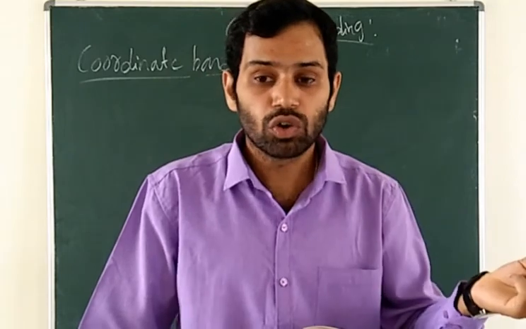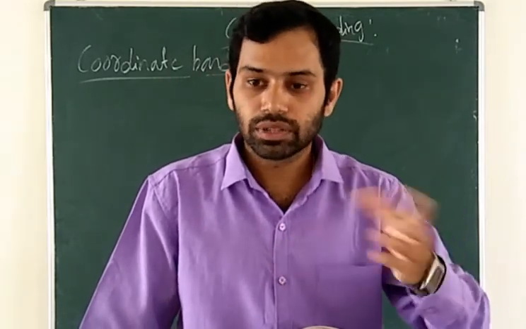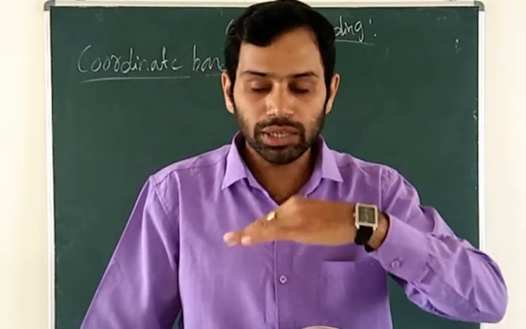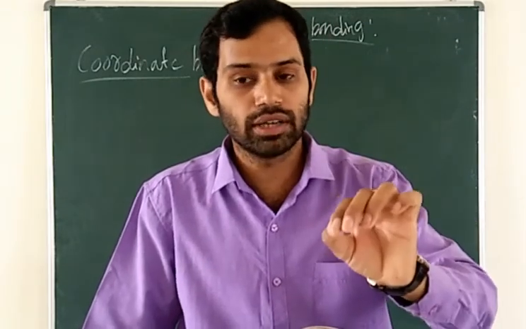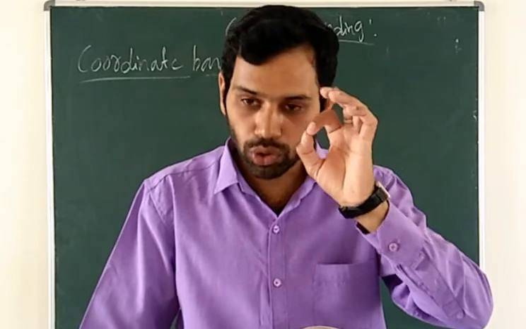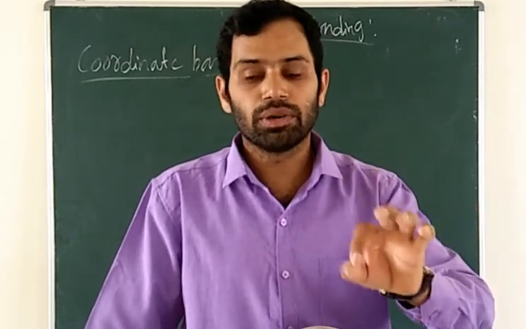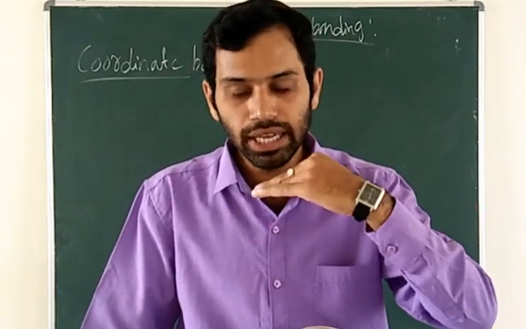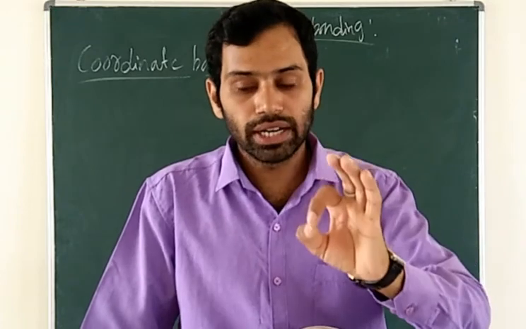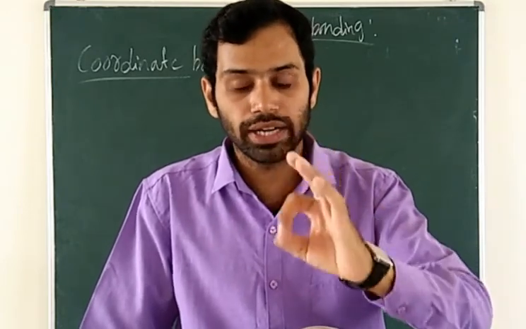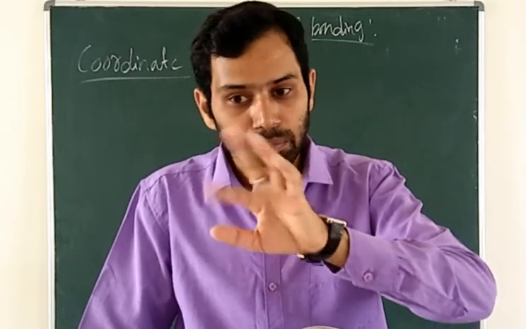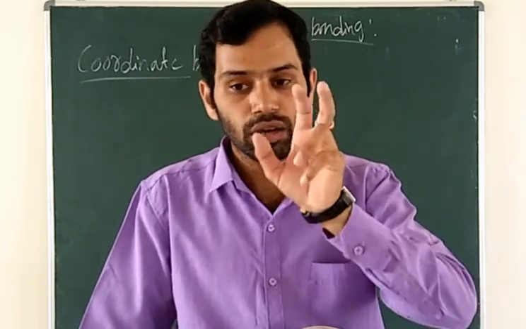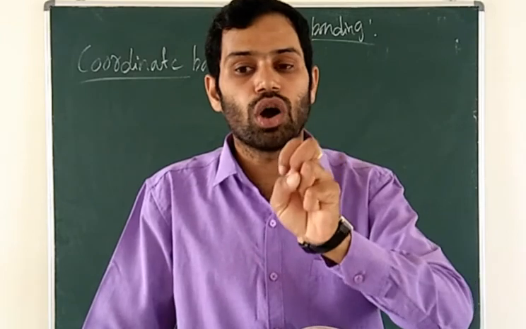Whereas in the case of a covalent bond, both atoms give the electrons. But in a coordinate bond, that is different. The shared electrons are provided entirely by one atom, but shared by both atoms. That is called a coordinate bond.